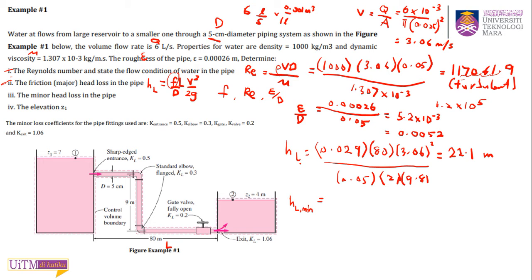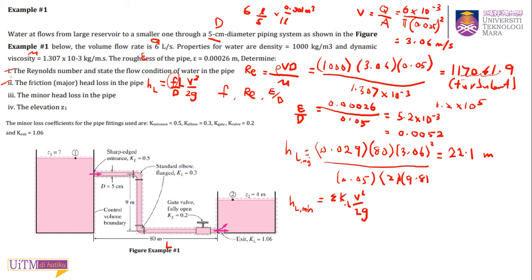Anyone? Imagine. Summation of KL. Okay, summation of KL times V squared over 2G. Yeah, this is the equation that you need to use.